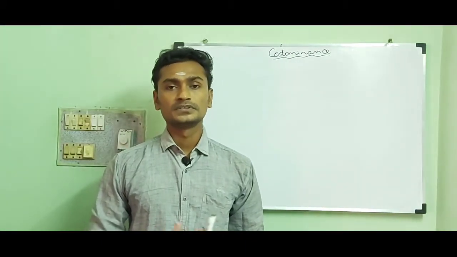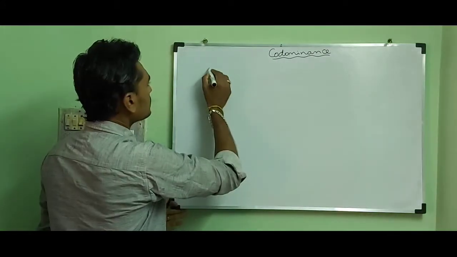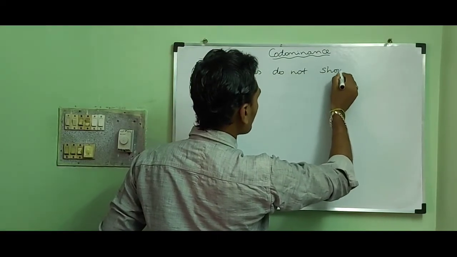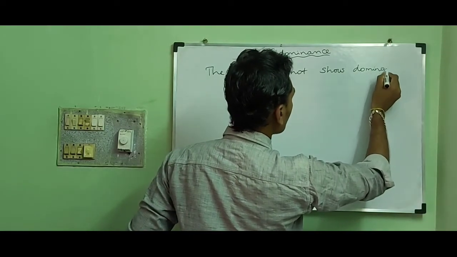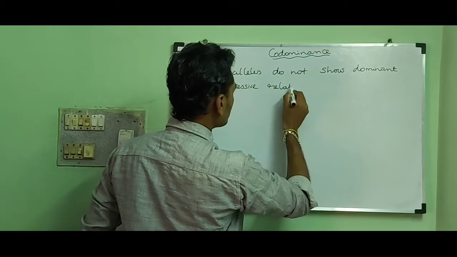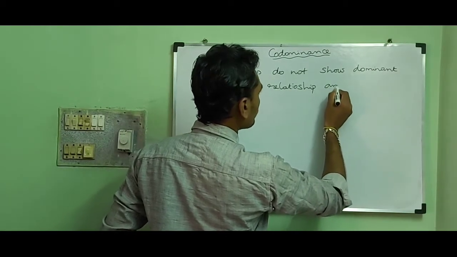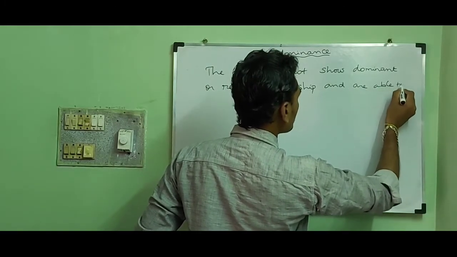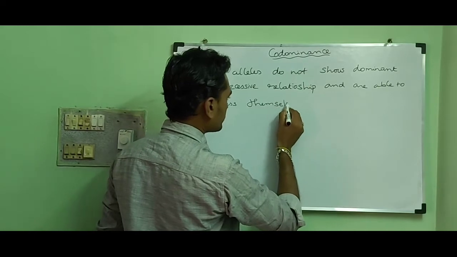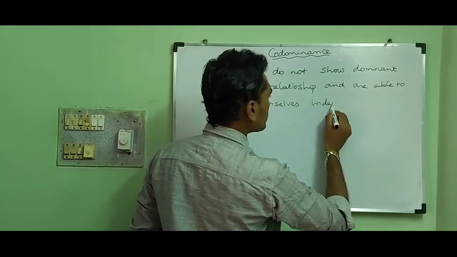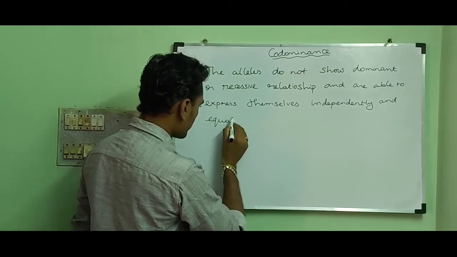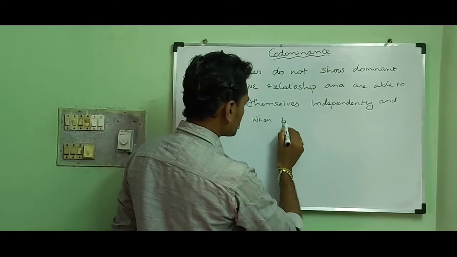Let's begin the topic with the definition of codominance. The alleles do not show dominant or recessive relationship and are able to express themselves independently and equally when present together.